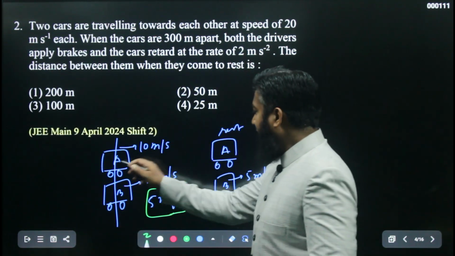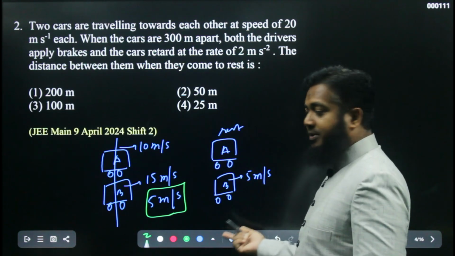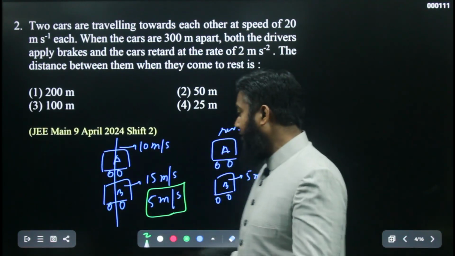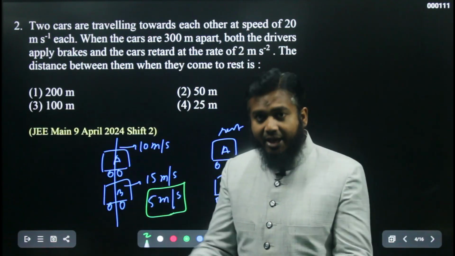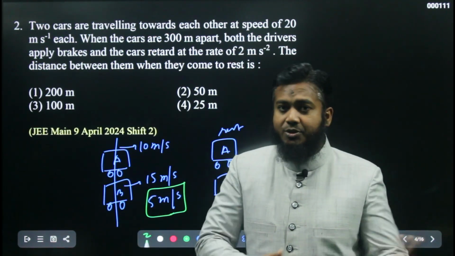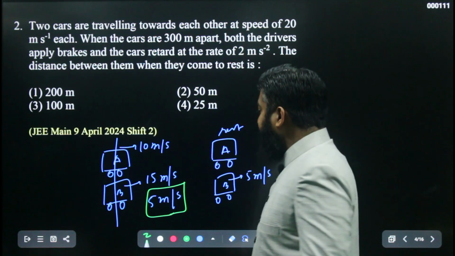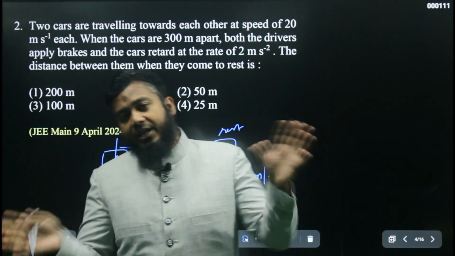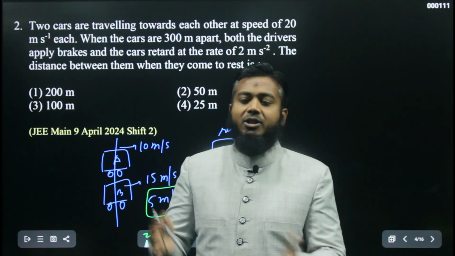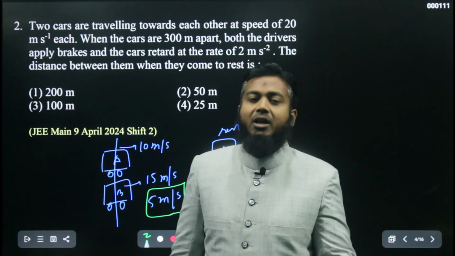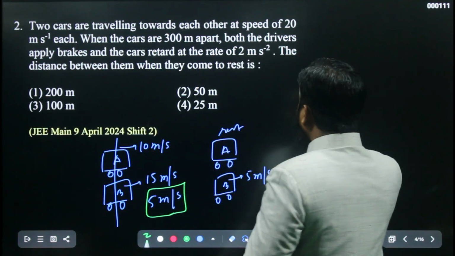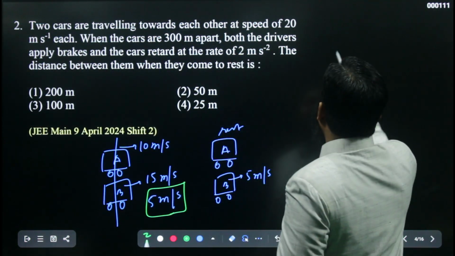So if A is at rest and B is moving with 5 meter per second, and if A is moving with 10 meter per second and B is moving with 15 meter per second, these two situations are the same in terms of distances traveled with respect to each other. So whenever we can find, in one-dimensional motion, the relative velocity of one object with respect to the other, we can take the other object to be at rest. Okay, so what is the situation given to us?